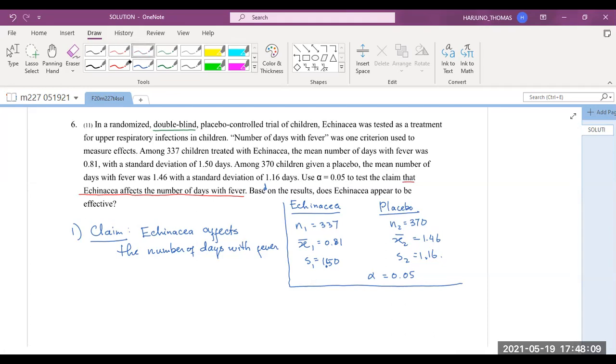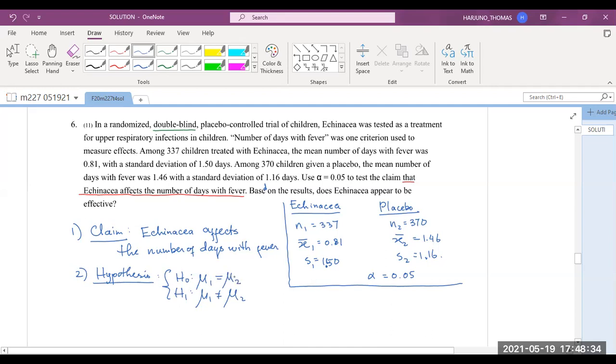So when we test the claim, the hypothesis will be mu1 is not equal to mu2, as opposed to the null hypothesis that it doesn't affect.